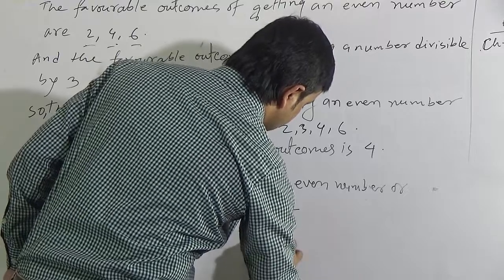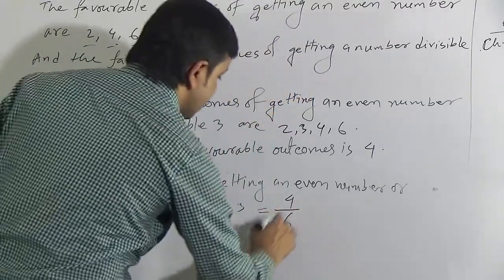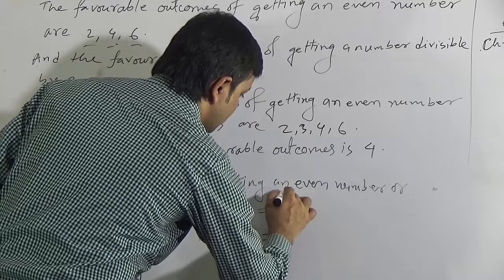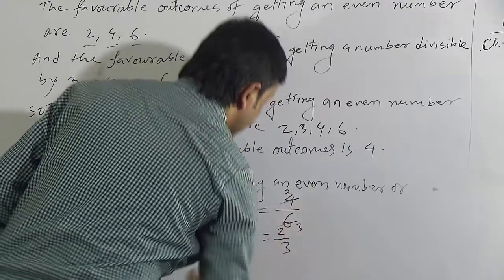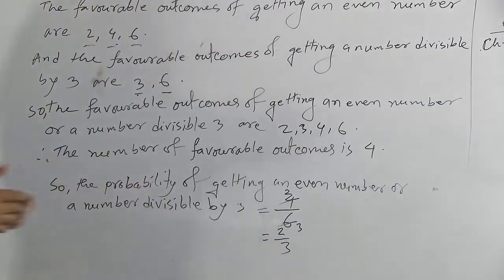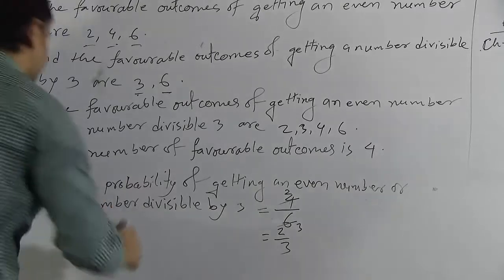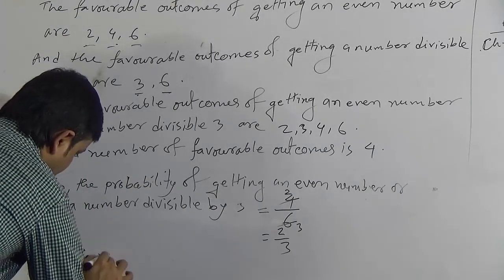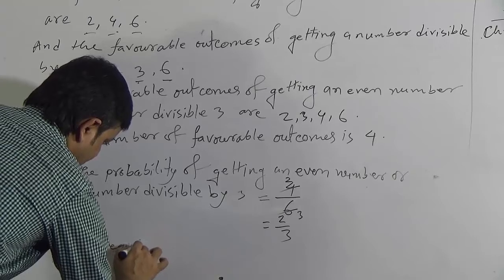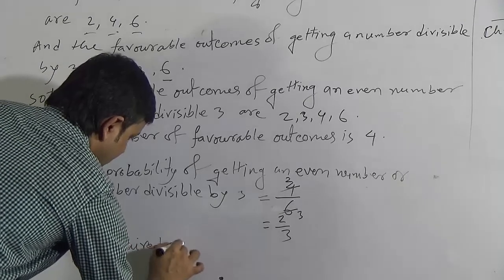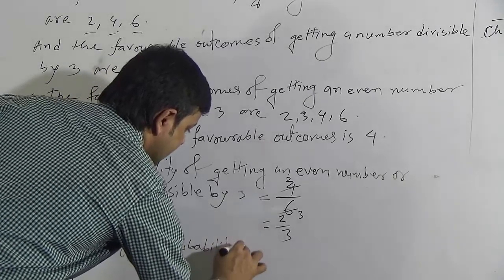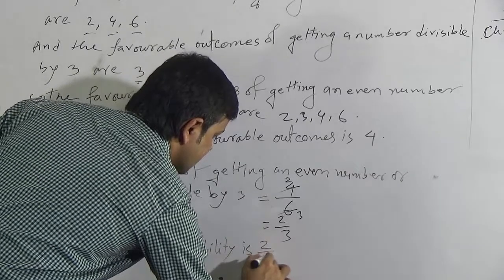If we calculate, we can cut by 2, this will be 3, this will be 2, so we can write 2 by 3. Therefore the required probability is 2 by 3.